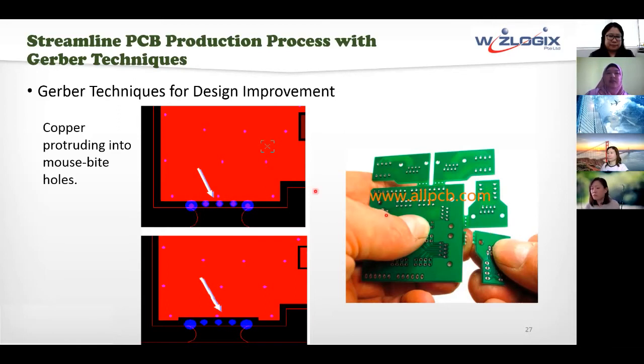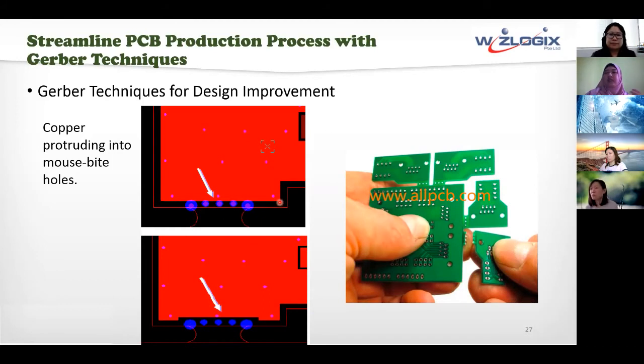So for copper protruding into mouse bite holes, because these boards will be manually broken off at your end, if let's say we have copper protruding at the mouse bite lines, what will happen is that when you break them off, copper will be exposed on this end. So when we have copper exposed, over time, the exposed copper, as well as the exposed material, will absorb moisture.